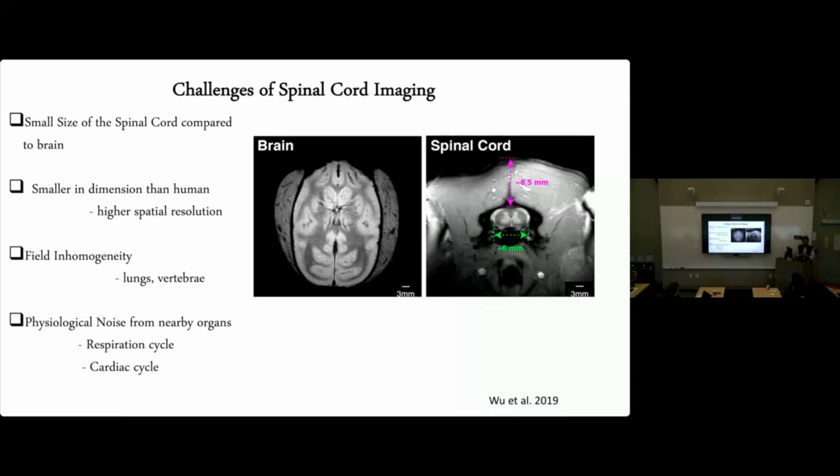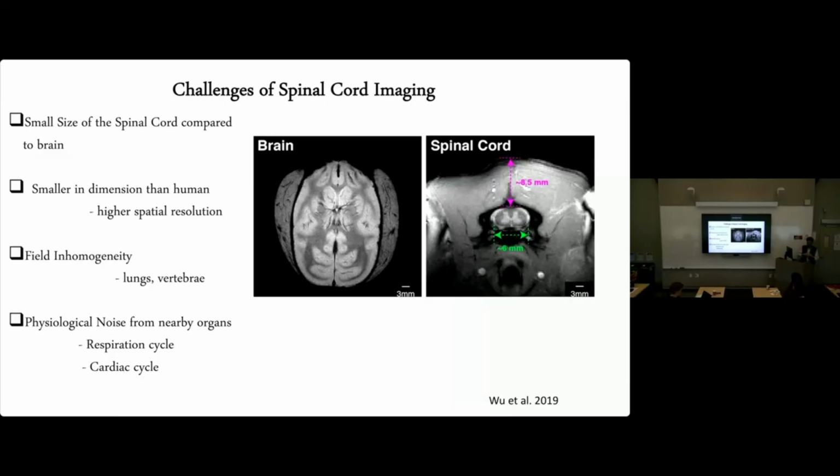So the challenges of spinal cord imaging in animal models are very similar to those that we see in humans. Firstly, we all know that the spinal cord is very small in size, which requires very high resolution, same as in humans. Only in animals, the spinal cord is even smaller and even higher resolution is required for imaging.